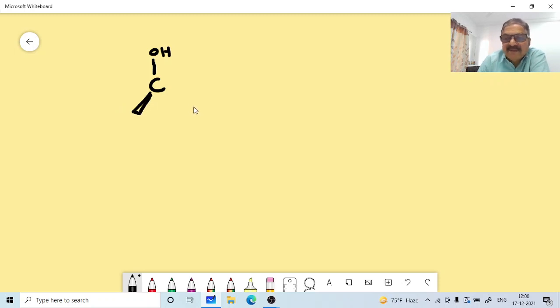This is on a wedge, in the plane of the paper. Above the plane of the paper. Then this will be on a solid line. It is in the plane of the paper, OH. Then behind there is a hydrogen group here. This is on a dash.